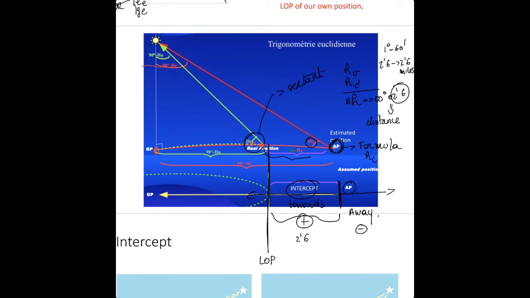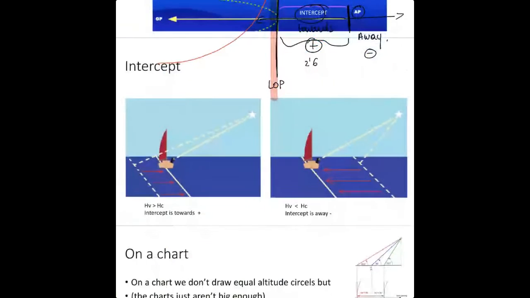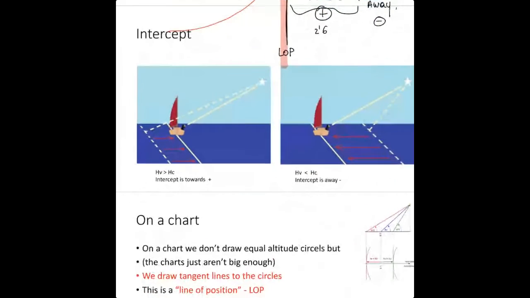If we then draw an equal altitude circle, and we have a line which is tangential, I'll take a red one, tangential to this equal altitude circle, what do we have then? Then we find our line of position, which is actually a small part representing the equal altitude circle. Okay, voila. Now I told you that sometimes the intercept is positive, sometimes it's negative.